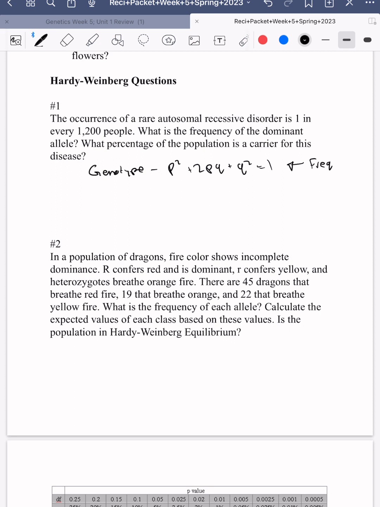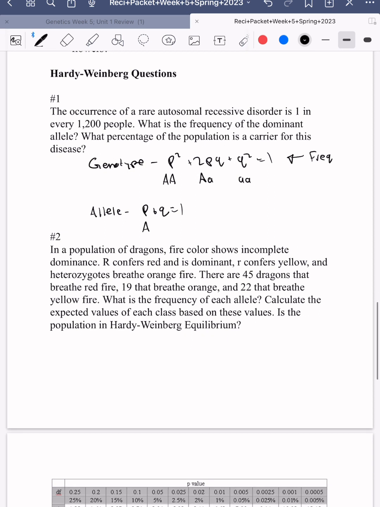And for the allele frequency, it would be p plus q equals 1. p squared is the frequency of homozygous dominant individuals, 2pq is the frequency of heterozygous individuals in the population, and q squared is homozygous recessive individuals. For the allele equation, p equals the dominant allele, q equals the recessive allele.